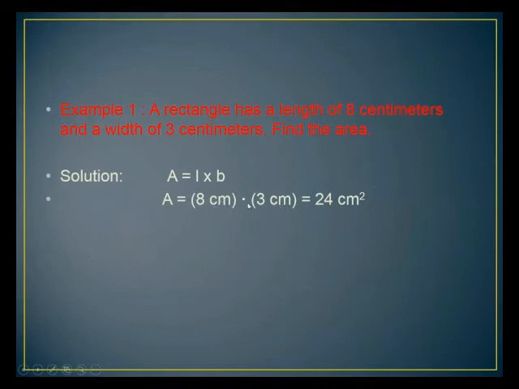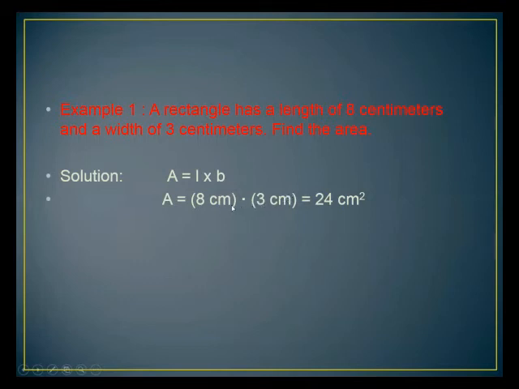So we consider centimeter as the base, and the exponent of the centimeter here is 1, and here the exponent of the centimeter is also 1. According to the law, when we multiply two numbers with the same base, their exponents will be added.